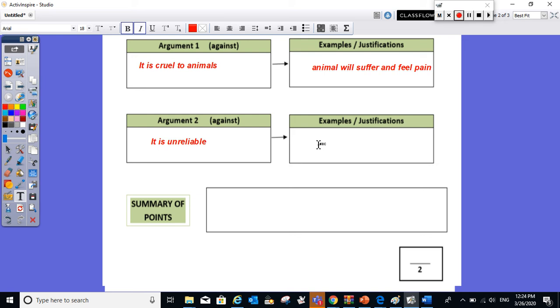So maybe the reactions are different. So this is what we are going to write here. Animals have different reactions to drugs. So they are different from people.